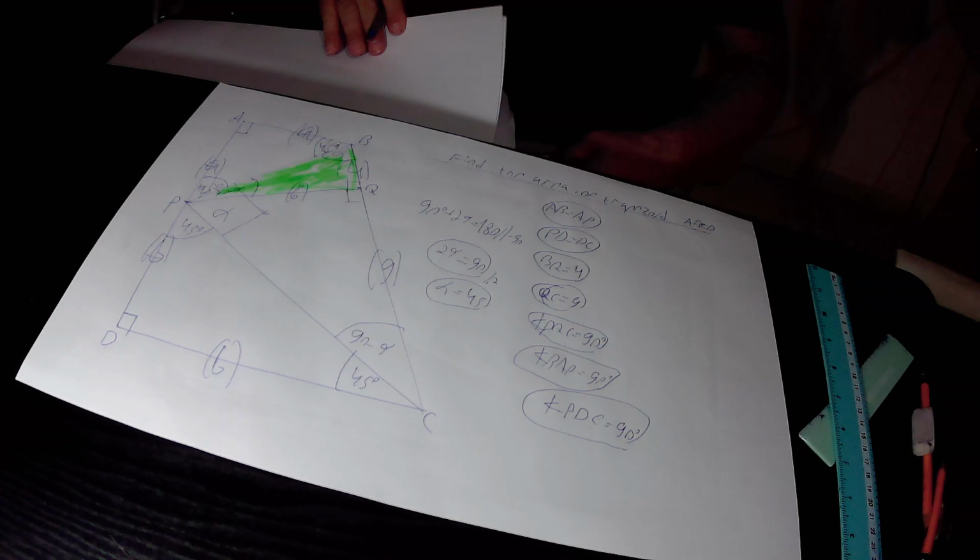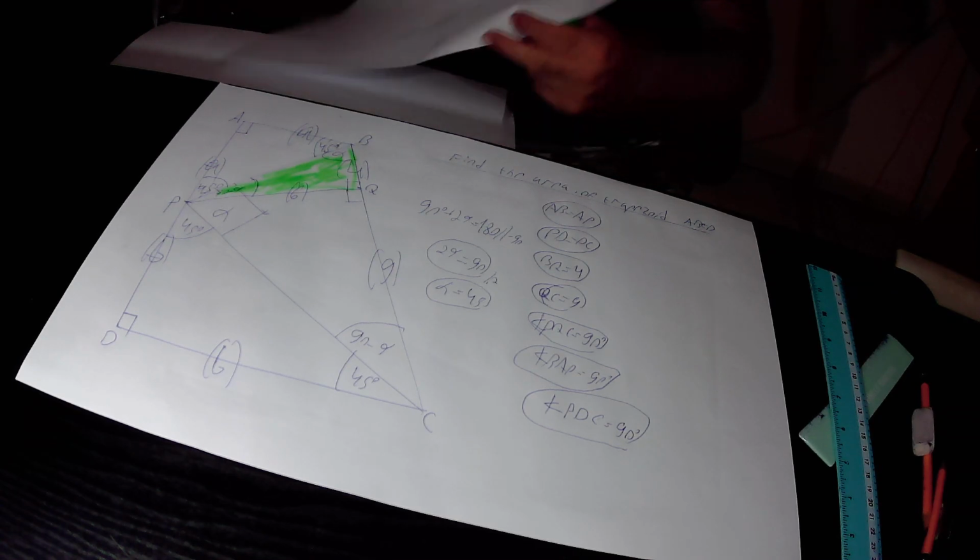So, again, the area of this trapezoid ABCD must be equal to the sum of the areas of the three components that it consists of.